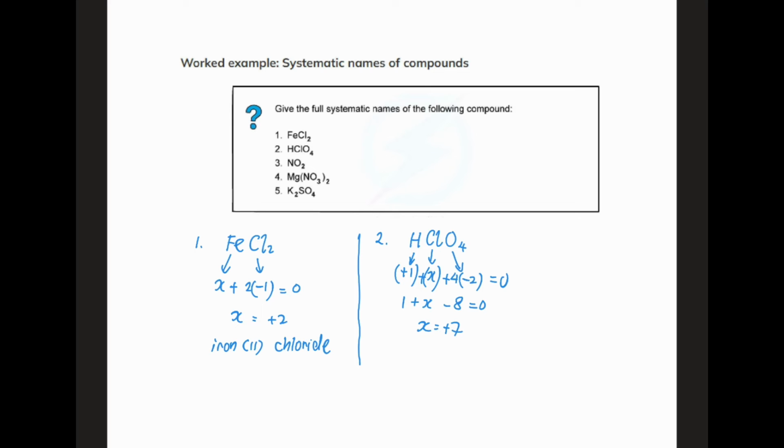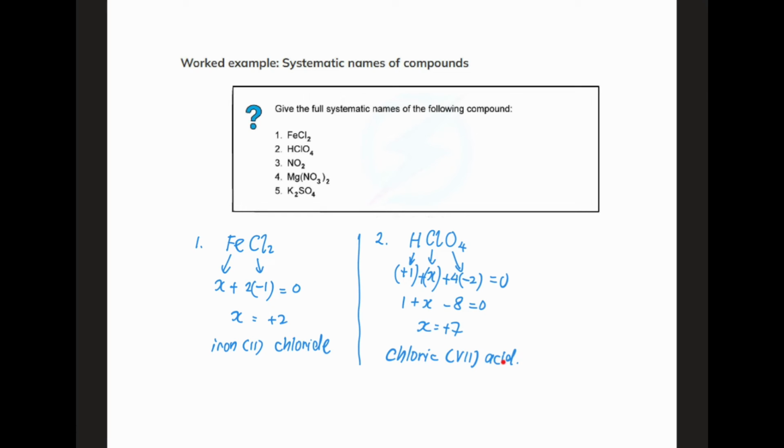You just need to know that we put Roman numeral 7 in the name. So this is actually chloric acid. But we cannot just say chloric acid. We have to say chloric(VII) acid. Okay, so just focus on the Roman numeral. It's +7, then 7.